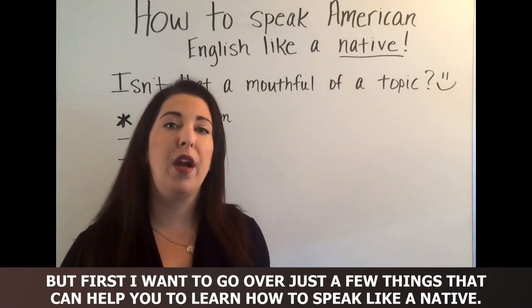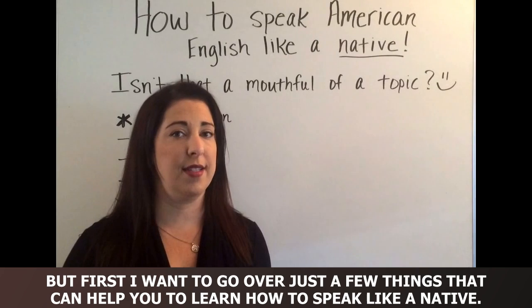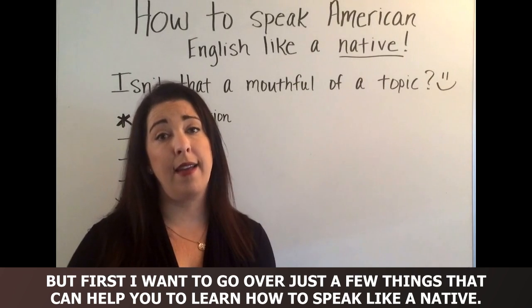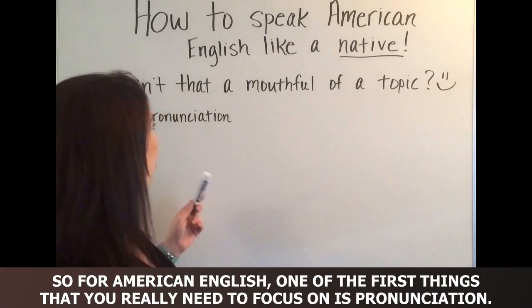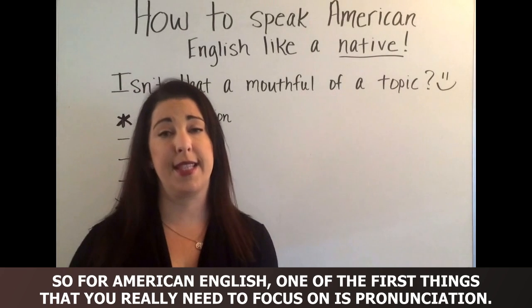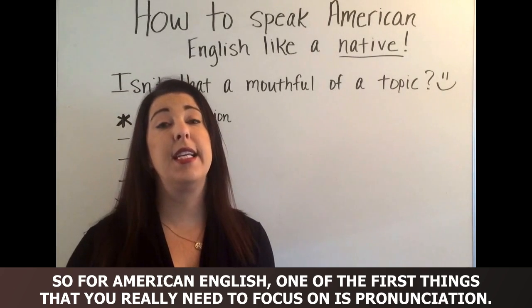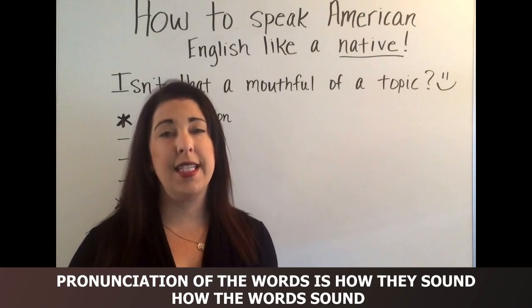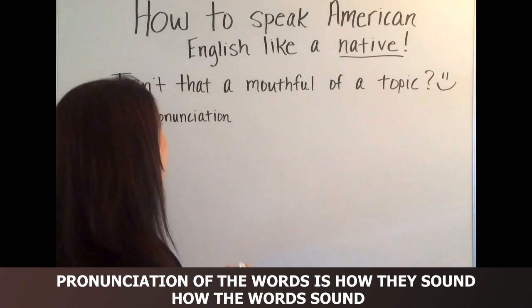But first, I want to go over just a few things that can help you to learn how to speak like a native. So for American English, one of the first things that you really need to focus on is pronunciation. Pronunciation of the words is how they sound. How do the words sound?